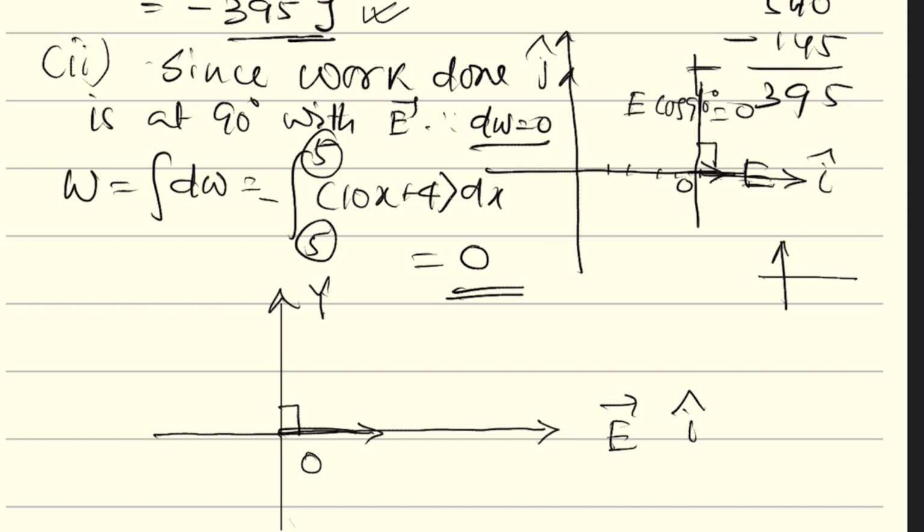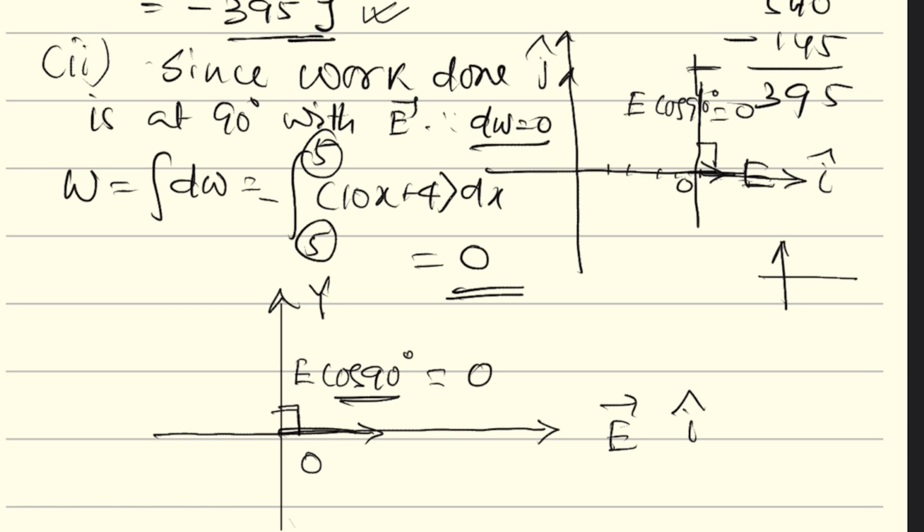What is the component of force along the y-axis? It is E cos 90. Cos 90 is 0, means 0.